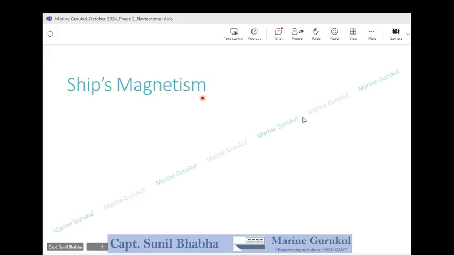We have already discussed the Earth's magnetism. Earth's magnetism is what affects our magnetic compass and provides the directive force to the compass. Now, ship's magnetism is another force which is very much present at the compass location and it affects our compass.